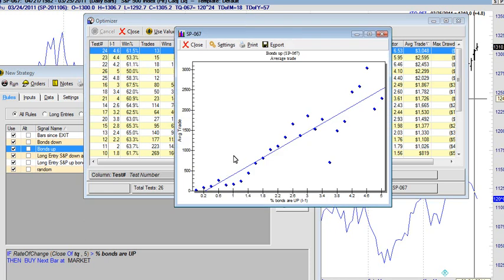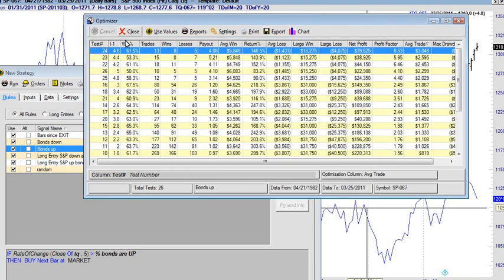I can show you a better example with a chart. If you plot the average trade versus the percentage move over that 5-day period, you can see a nice, pretty linear slope. The greater the percentage that bonds move up, the greater your average trade has been, and that's since 1982.